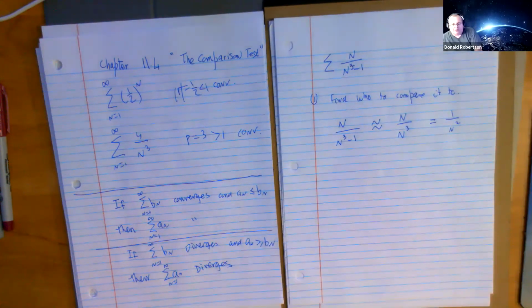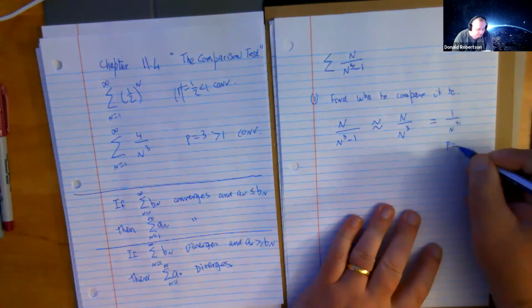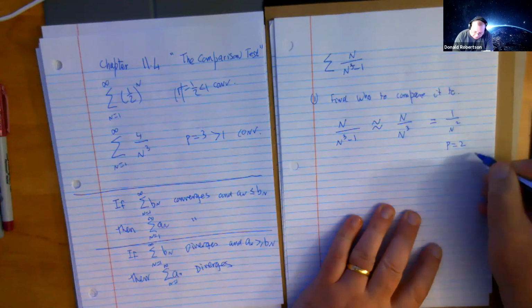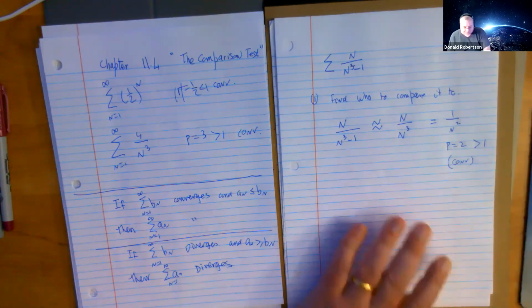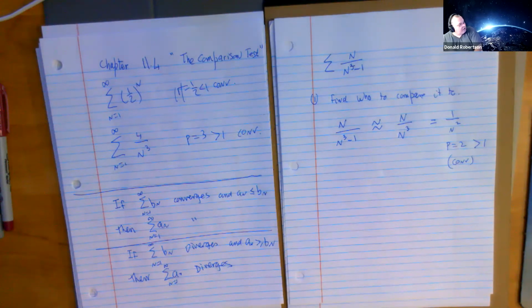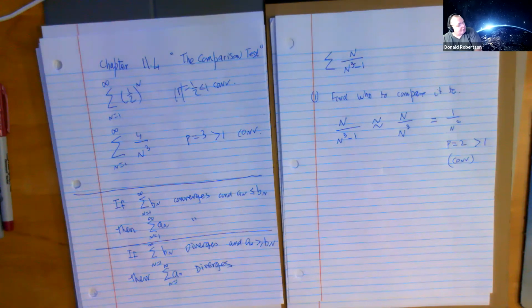So would you agree that this is 1 over n squared? Now, 1 over n squared is a p-series. It's a p equals 2 series. And 2 is greater than 1, so that converges. So I know that this series converges. I have not proved it. And unfortunately, a lot of people only do step 1. I know that it's going to converge.